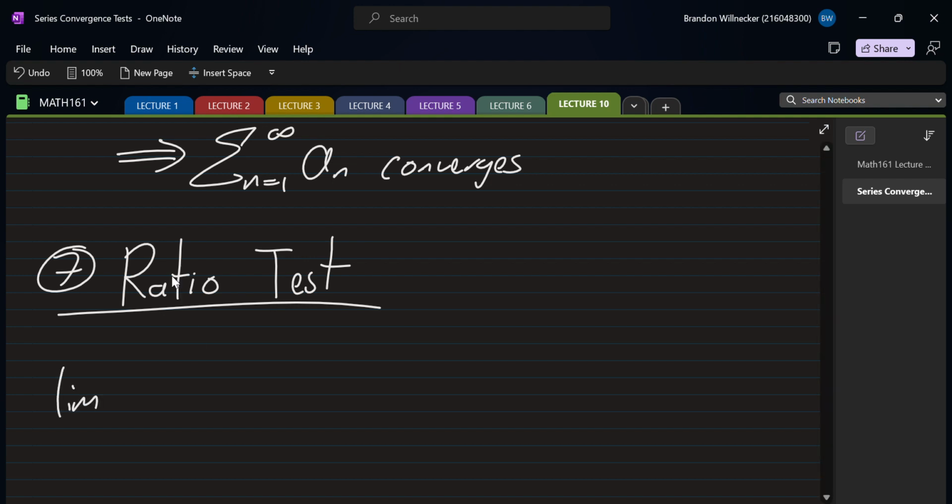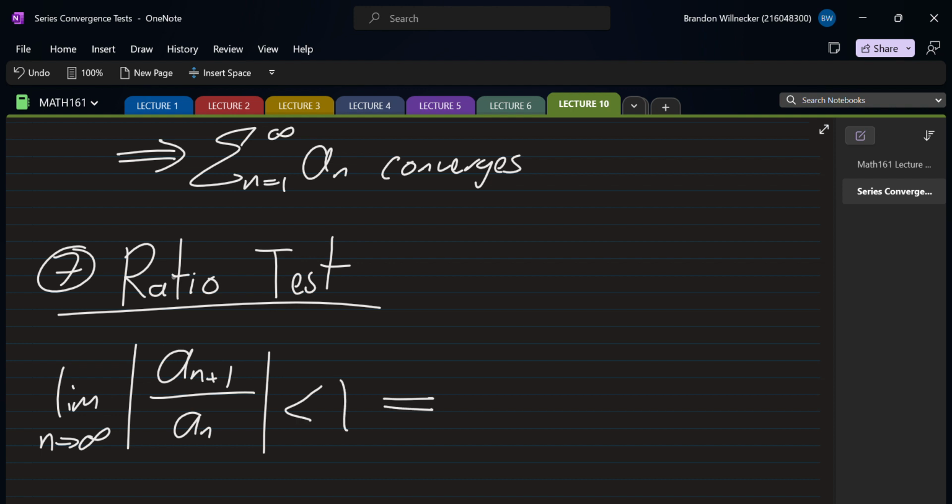So here we take the limit as n goes to infinity of an plus 1 over an, so the next one divided by the current one. If this is less than 1, it means an is bigger than an plus 1, then it converges.